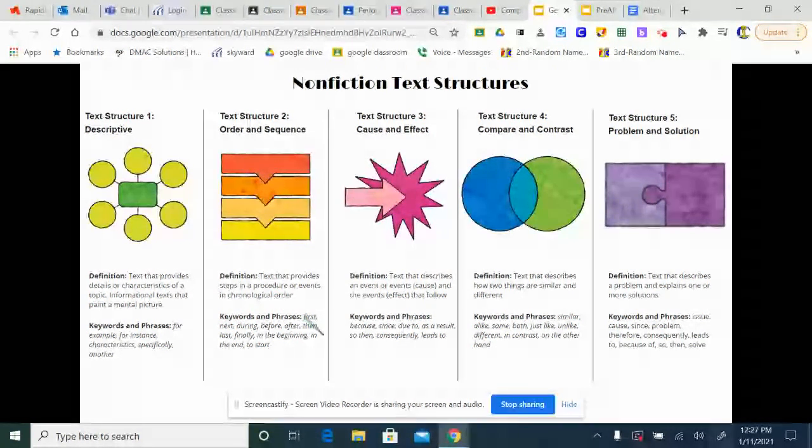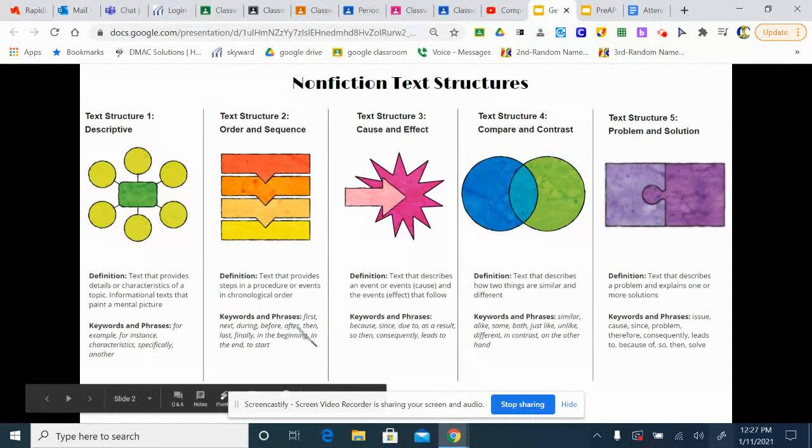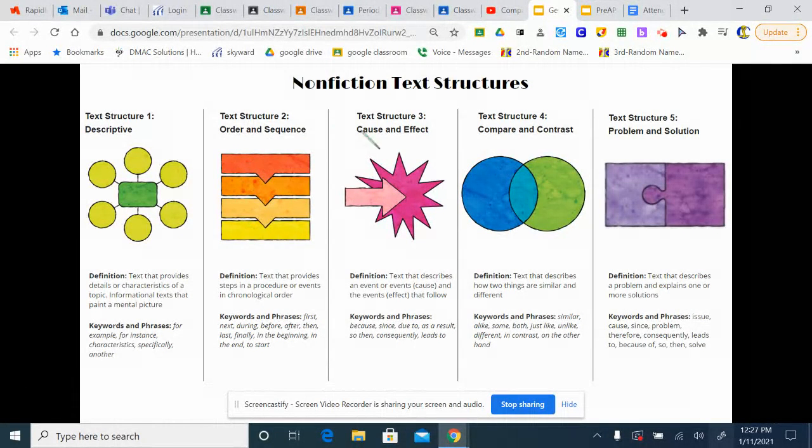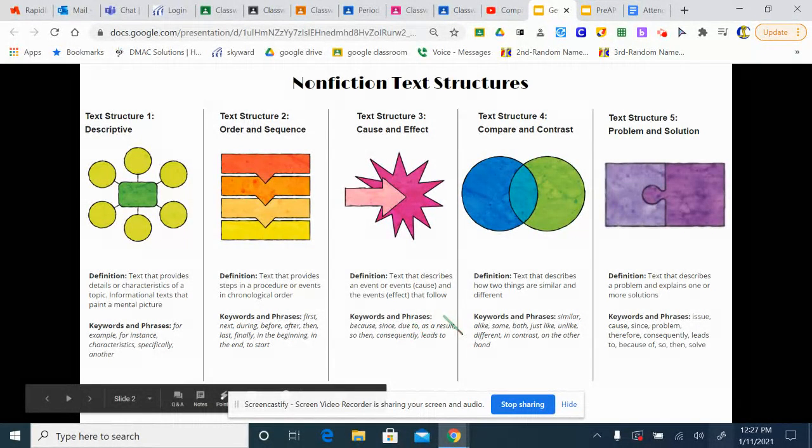So you see words such as first, next, then, and last. Text structure 3 is cause and effect. Here, the text describes an event or events, which is the cause, and the events that happen afterwards are the effects that follow. Again, you see words such as due to, as a result, consequently.